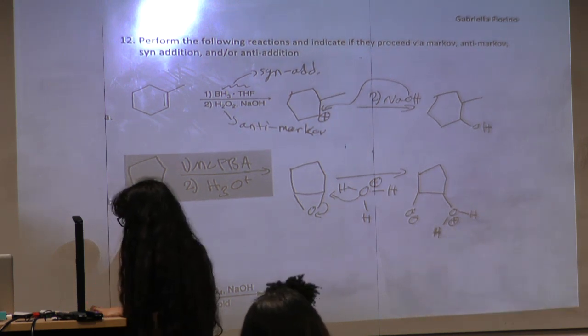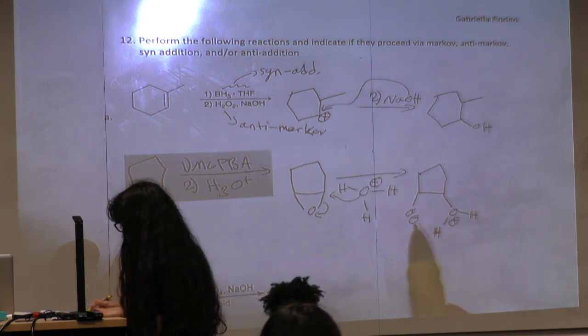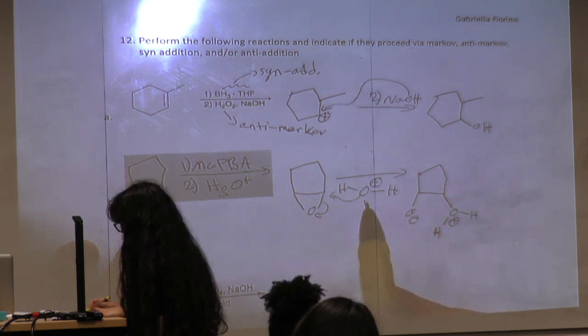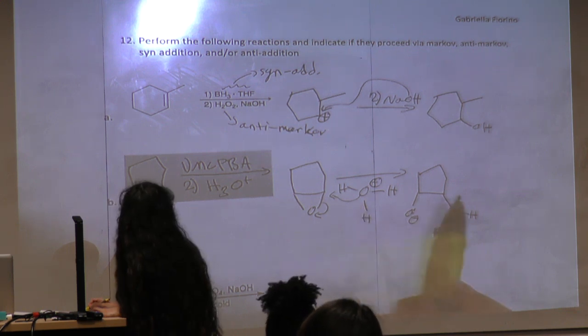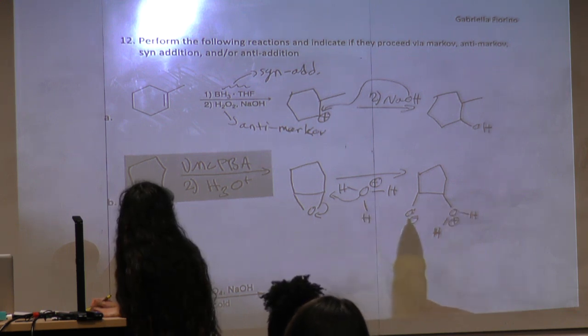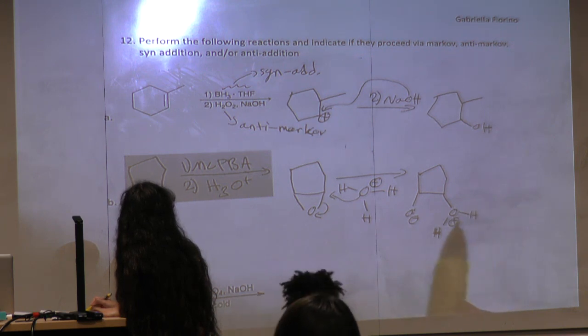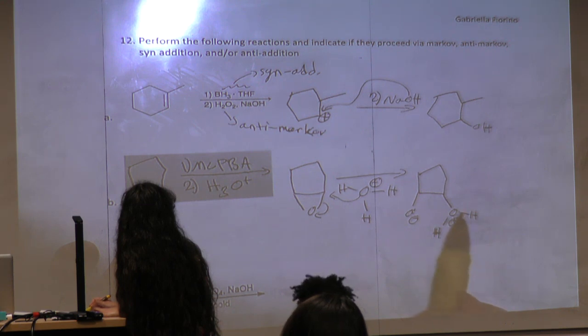So now you can do this in one of two ways. You can either come back with water and protonate your negatively charged oxygen, come back with water again, and deprotonate this one or this one.